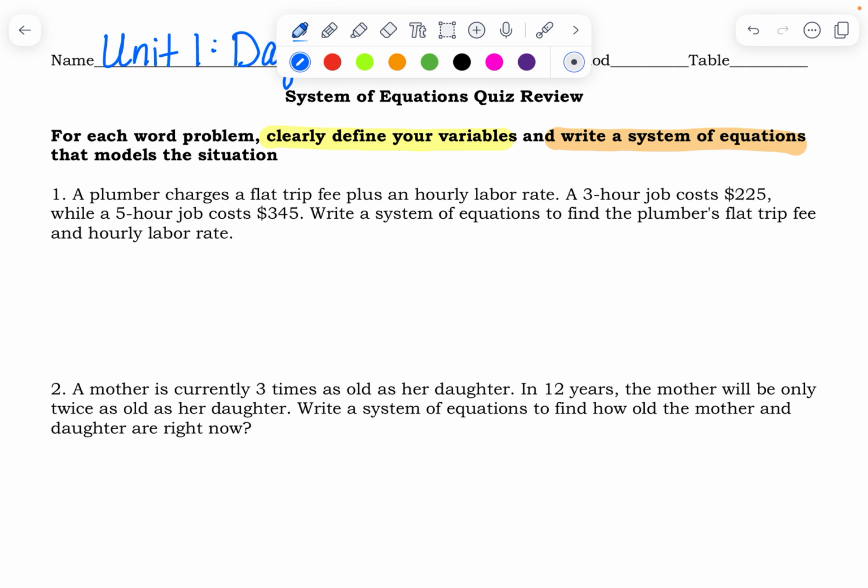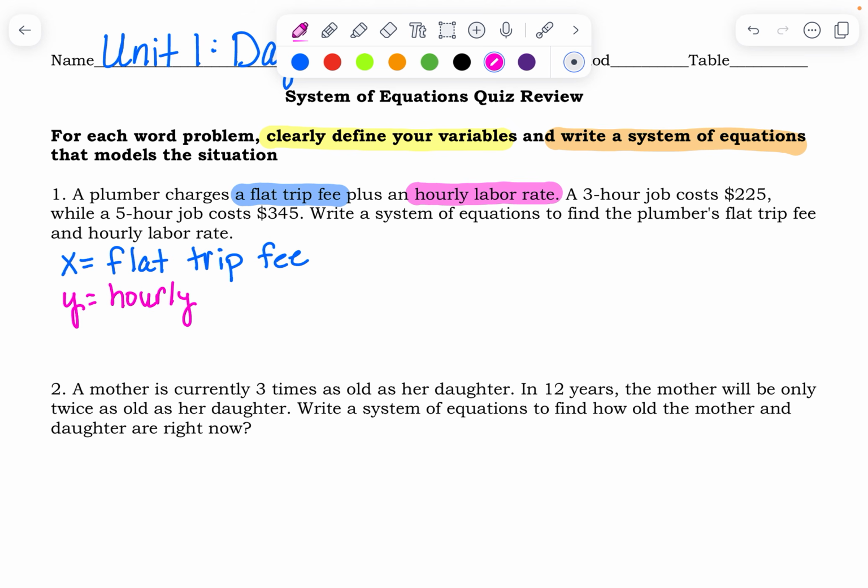So I am going to let the flat trip fee be my X. And then I'm going to let the hourly labor rate be my Y. And remember, if you put just that and don't get anything else, that will be a few points on your quiz per problem. So make sure you do that. If you don't do that, you will lose points.